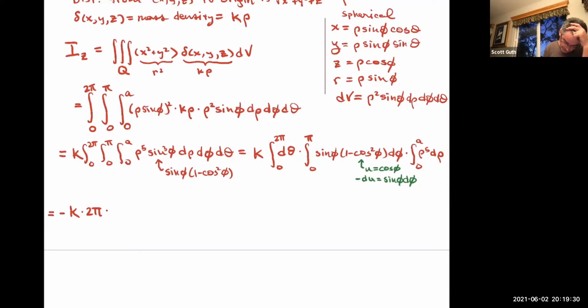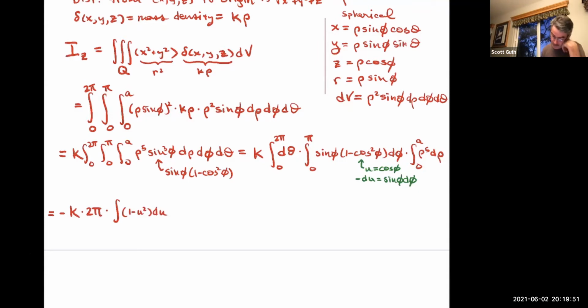Okay, so we're going to have this integral with 1 minus u squared du. We'll have to figure out the limits.